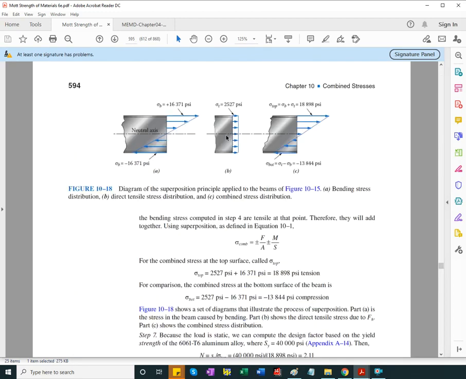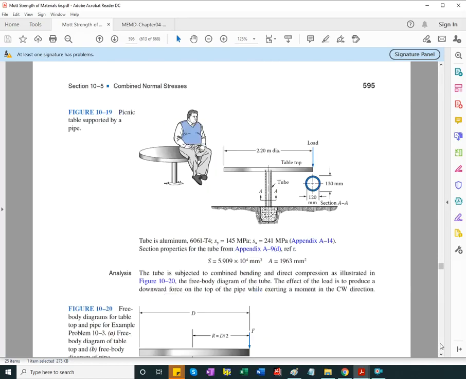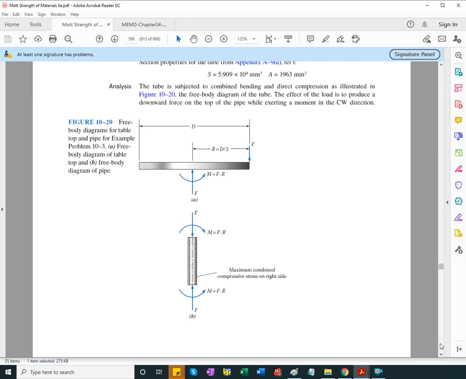In addition, it discusses the principle of superposition when stresses are in alignment. So we looked at this kind of problem where bending is overlapped with tension, and you just add the stresses as collinear vectors.